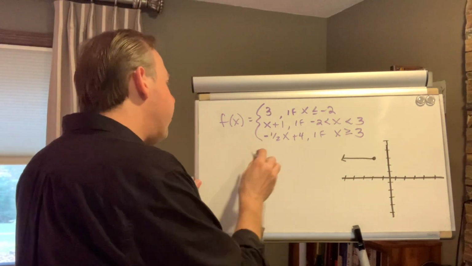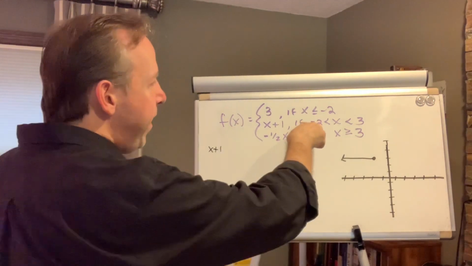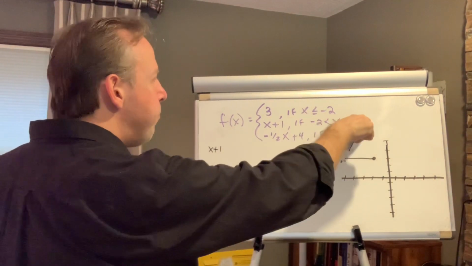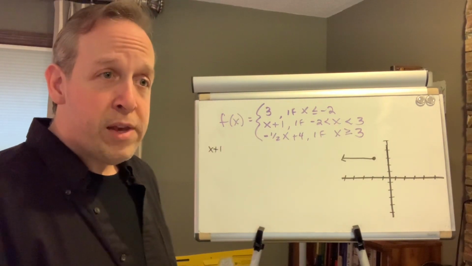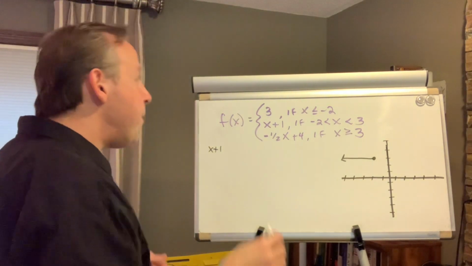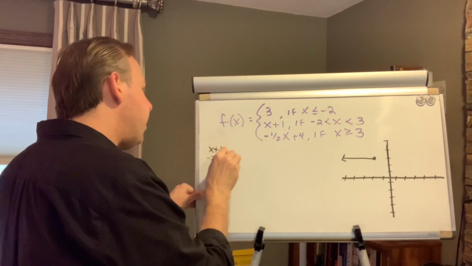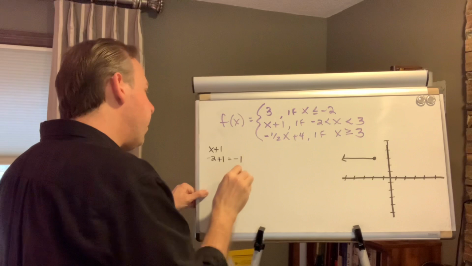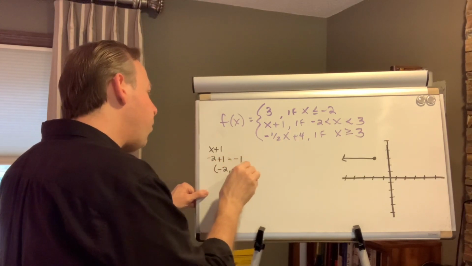Now the next piece requires a little math. It says x plus 1 if x values are between negative 2 and positive 3. So I'm going to use both of those numbers and figure out those end points. Plug in the negative 2 first. Negative 2 plus 1 is negative 1. That means when x is negative 2, y is negative 1.